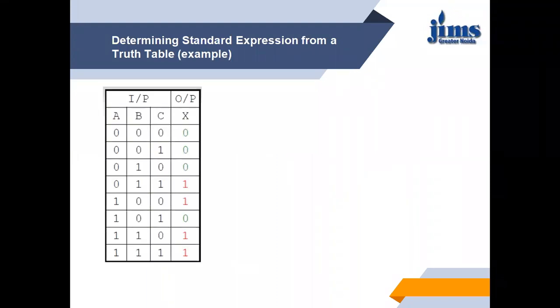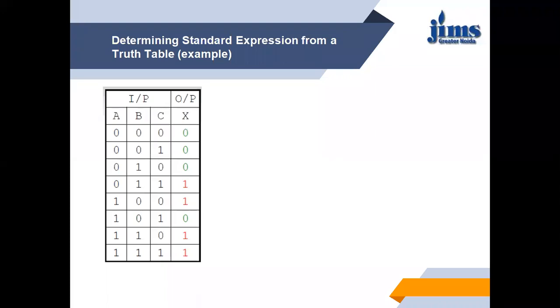Now let us take an example. Suppose we are given a truth table with inputs A, B, C and the output X. We have some zeros in the output and some ones in the output, and with the 3 input variables we have overall 8 binary combinations. 4 values are 1 at the output and 4 values are 0 at the output.